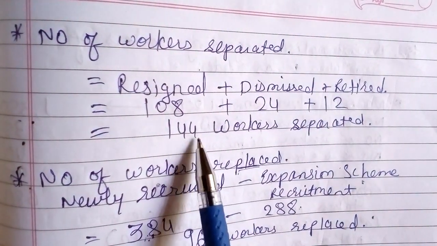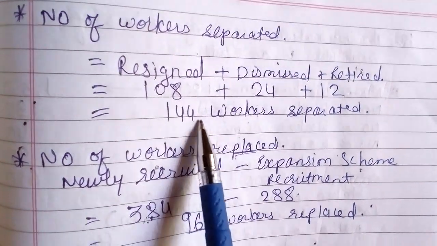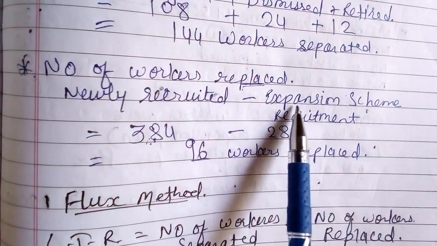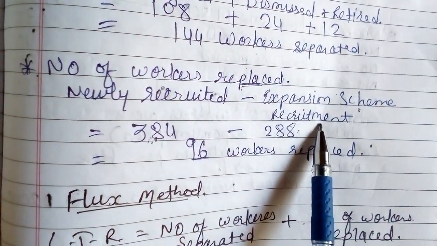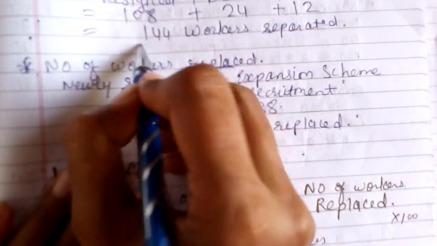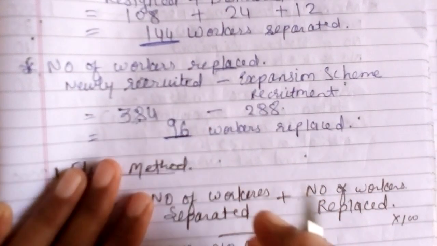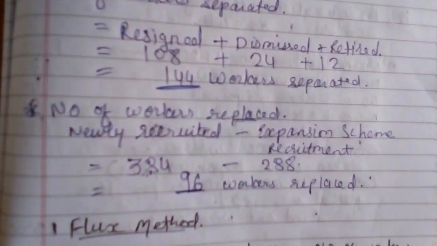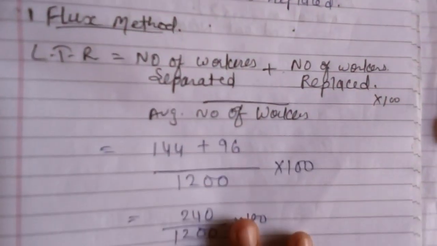So total 144 workers are separated. Then number of workers replaced, newly recruited minus expansion scheme recruitment, so they are 96. So number of workers separated 144 and number of workers replaced 96.